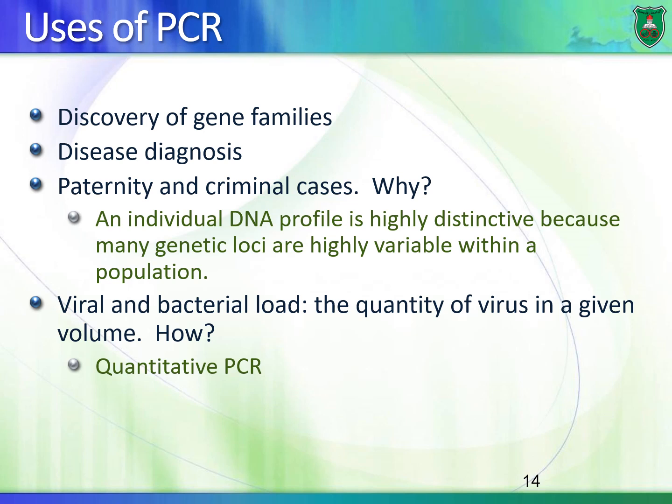If you remember the genome lecture that you took previously, there are individual differences in terms of number of repeats of VNTRs and STRs. We can also determine viral and bacterial load.